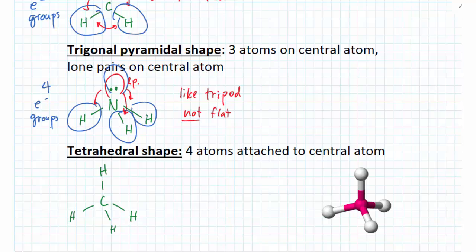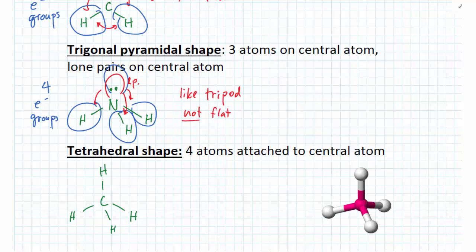With this one model right here, I've got 4 bonds. But if instead of one of these bonds, I have one pair of electrons, now I'm trigonal pyramidal. We started tetrahedral, like CH4, pretend that's a carbon. But now, if we replace one of those with a pair of electrons taking up that same space, that's trigonal pyramidal, like NH3. What if I replace another one with another pair of electrons?